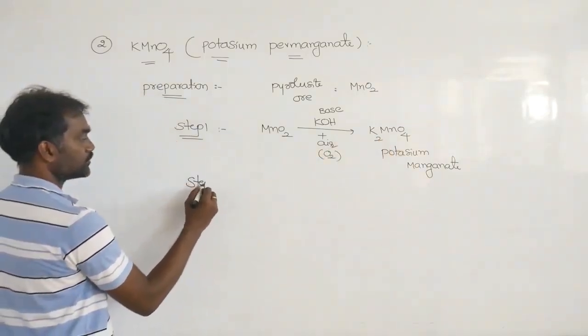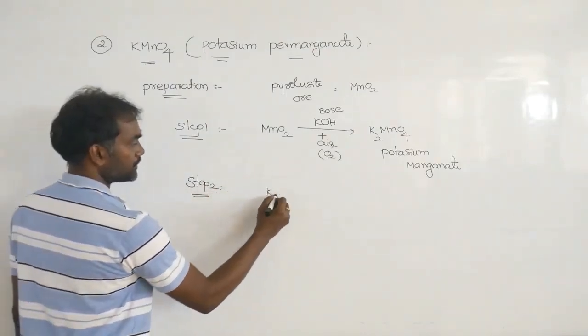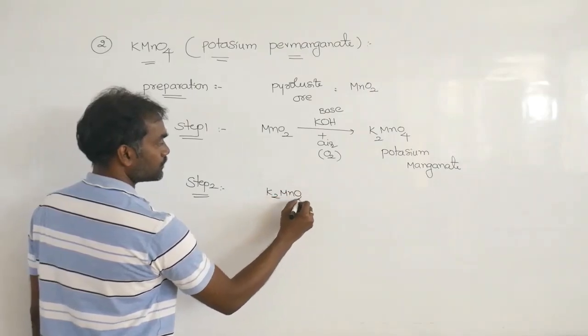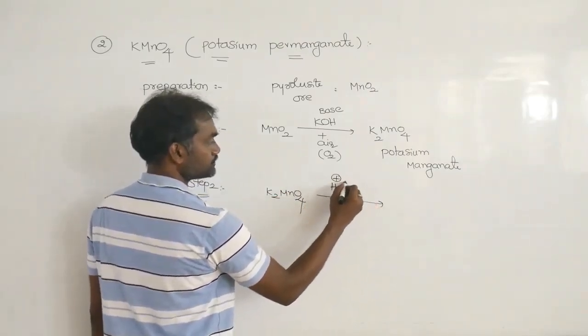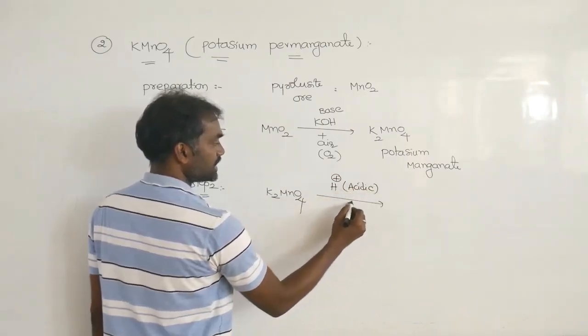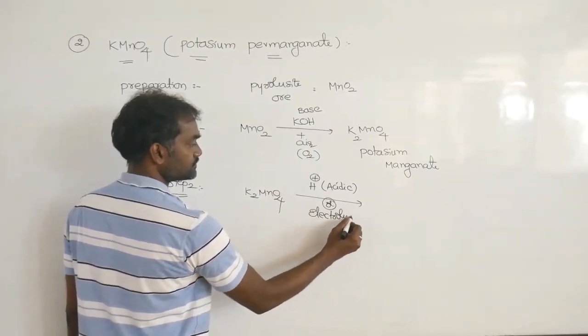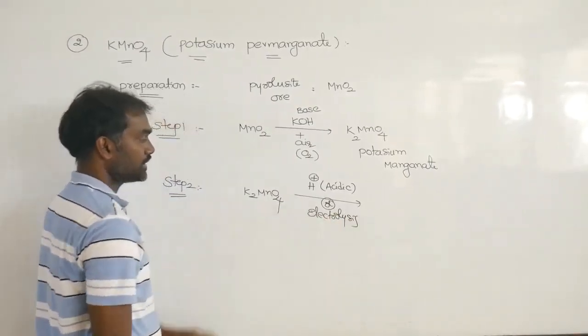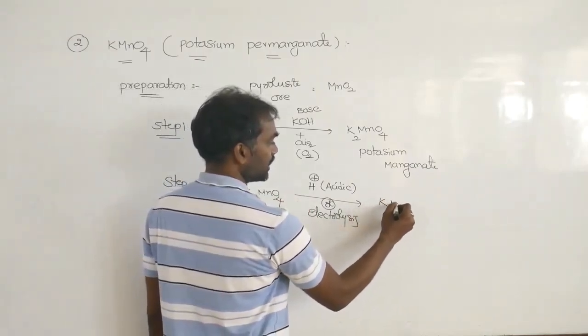Next, step 2. The above potassium manganate, K2MnO4, is treated with acidic medium, otherwise electrolysis. So then you will get potassium permanganate, KMnO4.